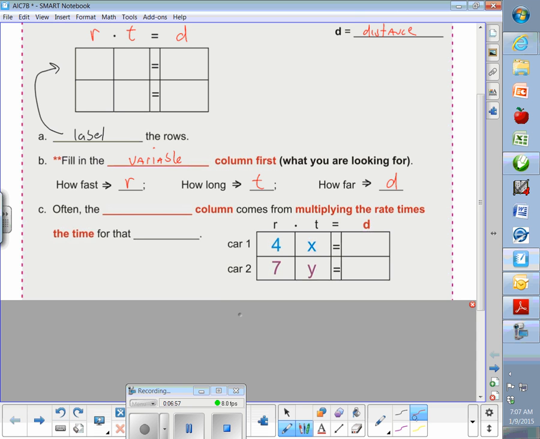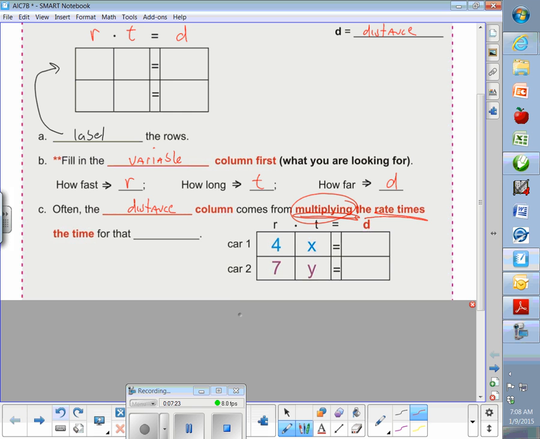Often the distance column, if you look at the example here to the bottom right, here is the distance column. So often the distance column comes from multiplying the rate times the time.